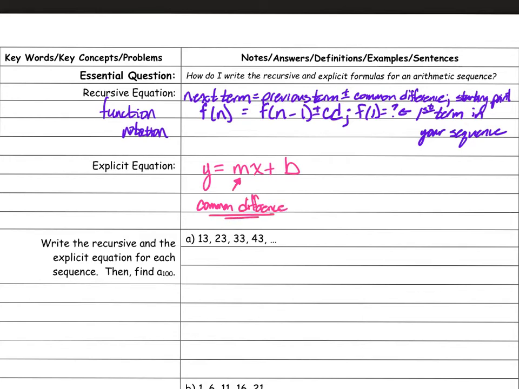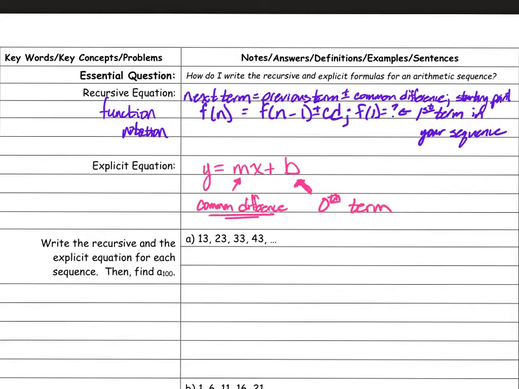So once I know my common difference, all I have to do is put that there, whether it's a +3, a -1/2, whatever it happens to be, and then my x goes there. Okay, and what is b? b is a little harder to find because I actually have to do a little bit of work to find that. b is my 0th term.